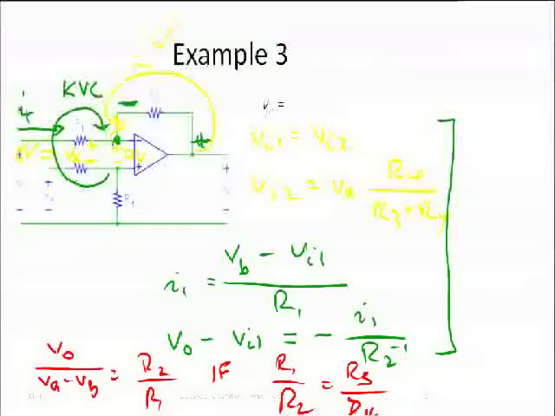Right? If I make this choice on the resistors, then this is actually a voltage difference amplifier. It amplifies the difference between VA and VB. So operational amplifiers, they can amplify, they can sum, they can take differences, they can turn currents into voltages.